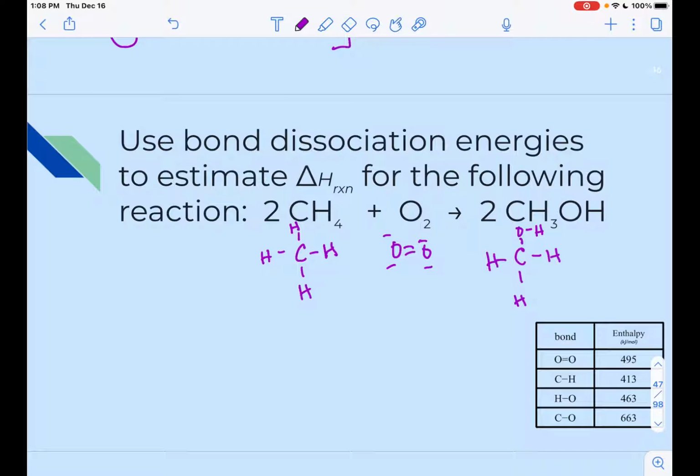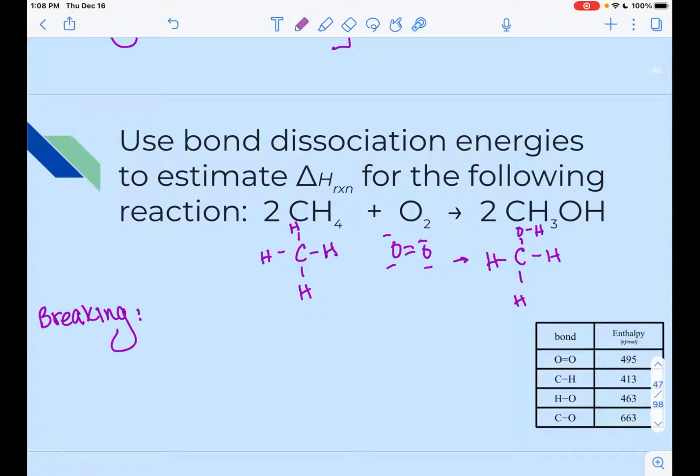And here's our structure for our product. So the bonds that we're going to be breaking, we have 4 CH bonds here in our methane, and we have 2 methanes.